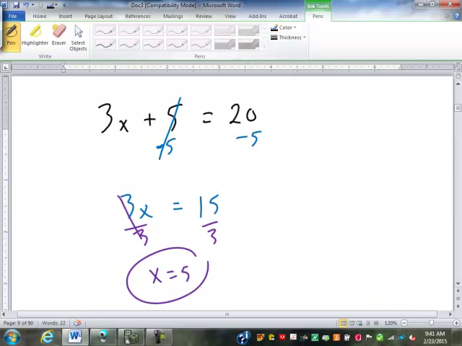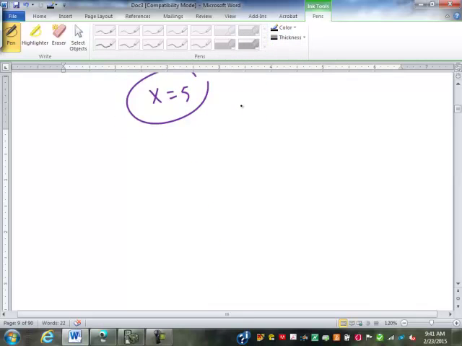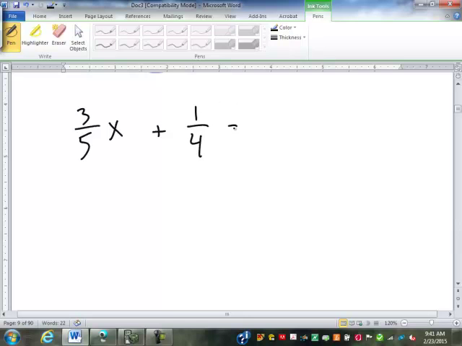Well, today we're going to switch that up a little bit and start looking at equations that look like this. What would we do to solve that?